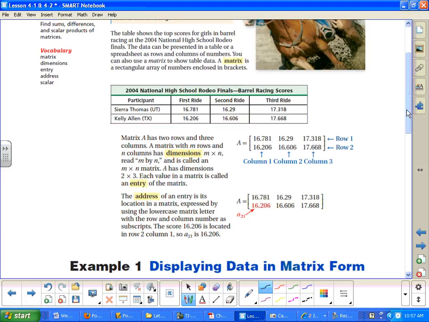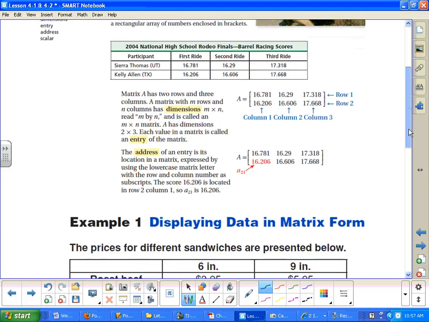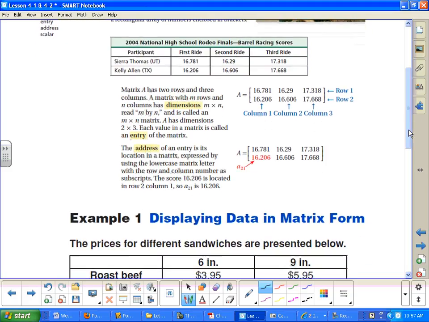Each value in a matrix is called an entry, and each entry has what's called an address. So according to the row number and the column number, it has an address. Like that one on the bottom left is row 2, column 1.